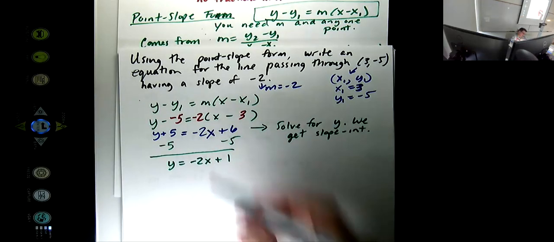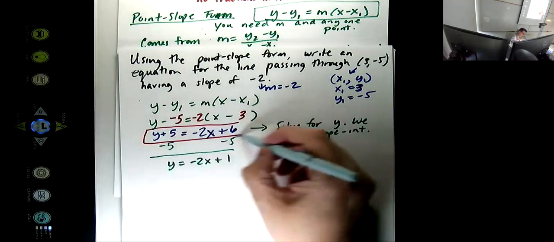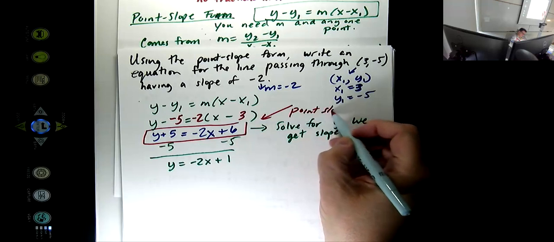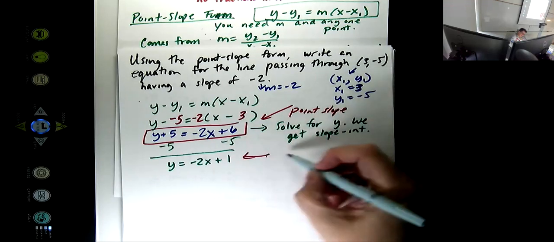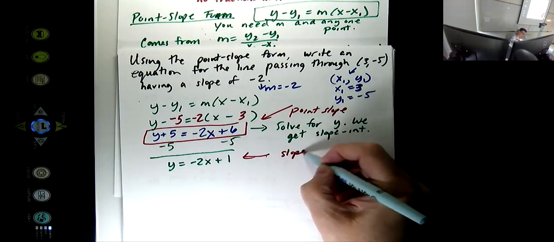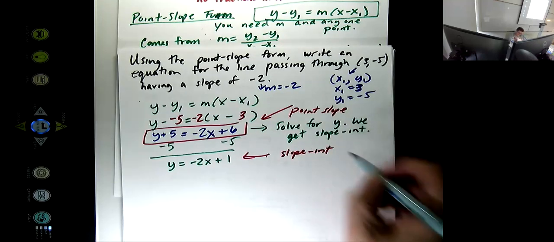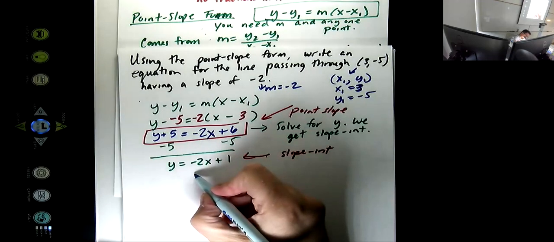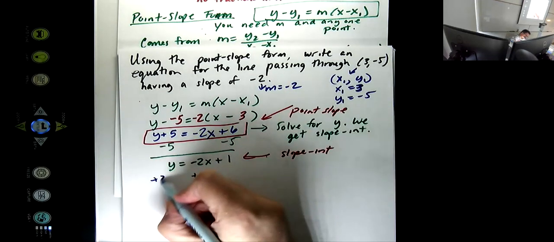So this is the point slope form, and this is the slope intercept. And if we wanted to write it in standard form, we add 2x to both sides.